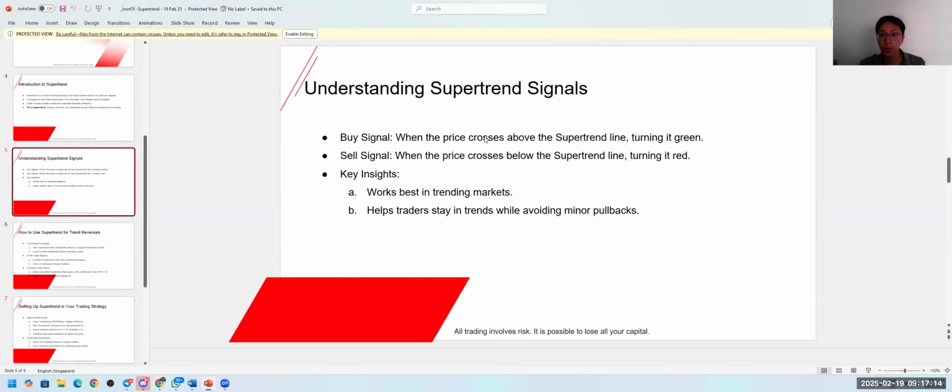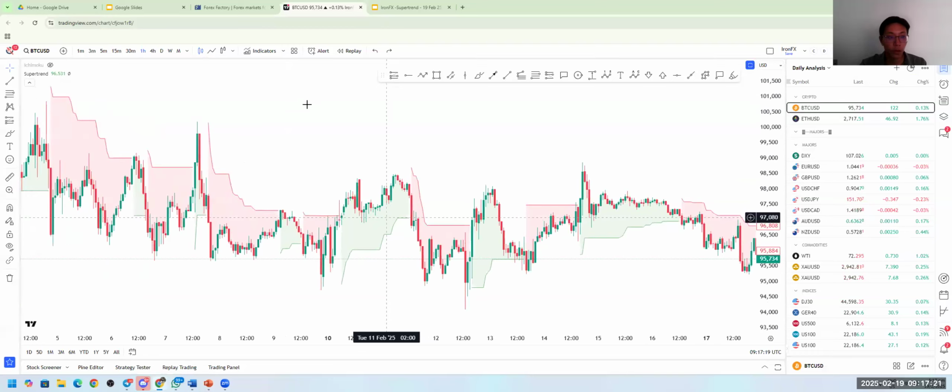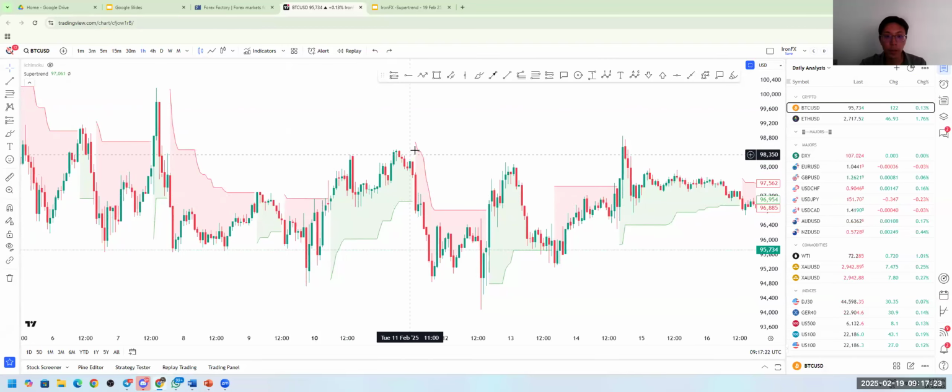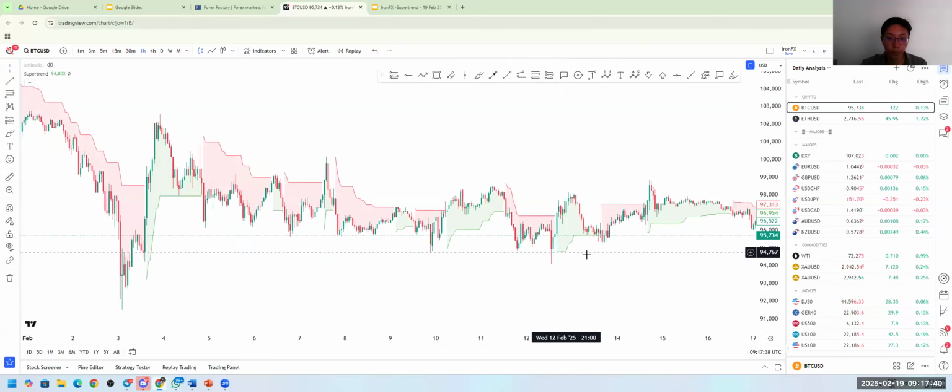When the price crosses above Supertrend line, turn it green, okay? Right here. So what this means is, if it's below this super trend, then we are leaning in for sells. When it is above, right here, then we are leaning in for buys. Okay, pretty simple stuff actually.